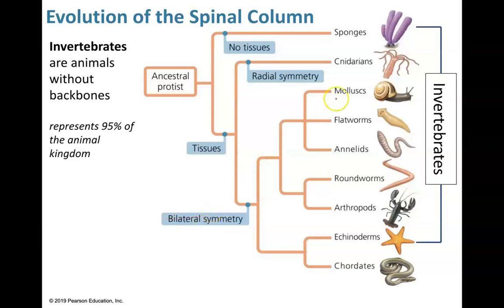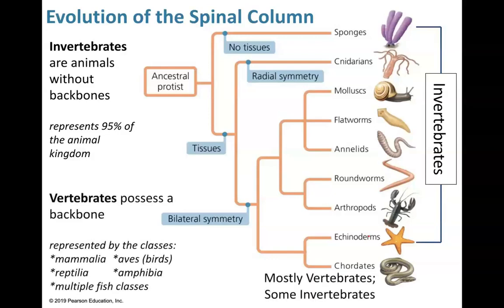Check it out. I have here the 9 most common phyla from sponges all the way down to chordates, and 8 of those 9, sponges, cnidarians, mollusks, flatworms, annelids, roundworms, arthropods, and echinoderms, these 8 are all invertebrates. They do not have a backbone.